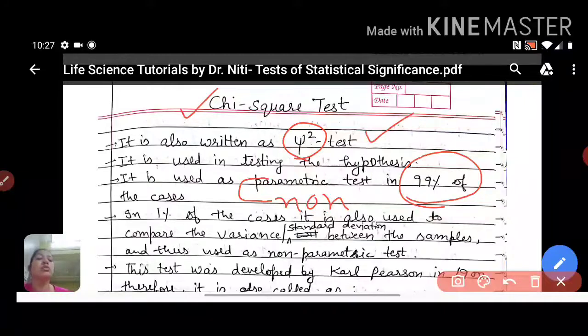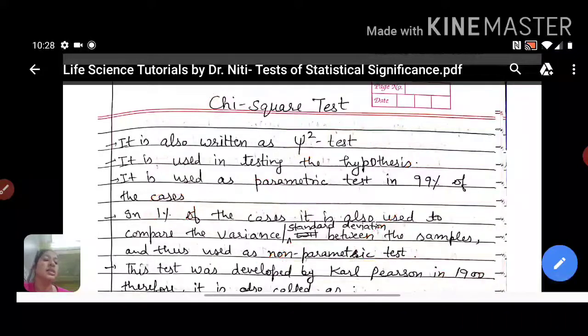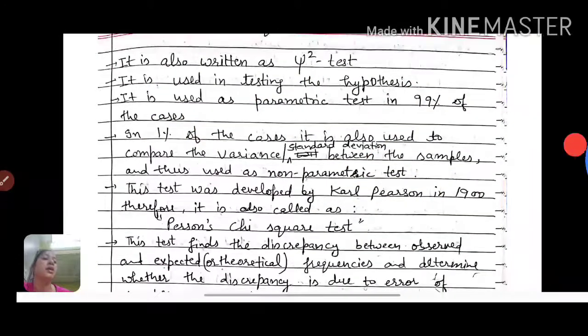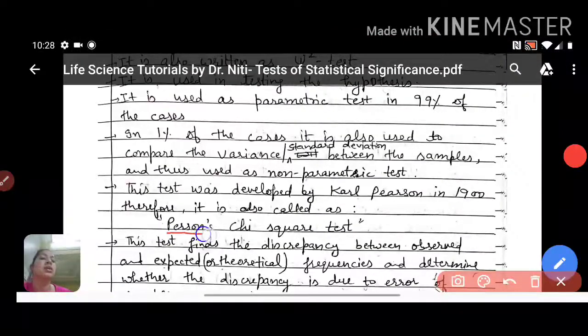Although in 1% of the cases it can also be used for comparing the standard deviation between samples, where it is used as a parametric test. This test was developed by Karl Pearson in 1900, and therefore it is also termed Pearson's chi-square test.